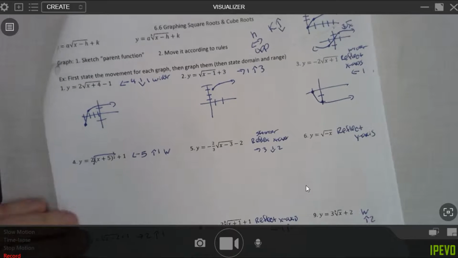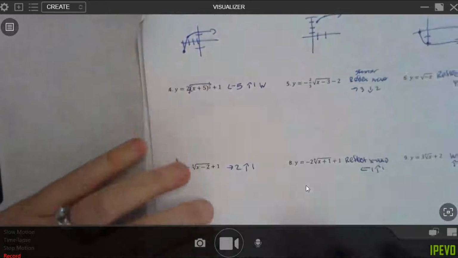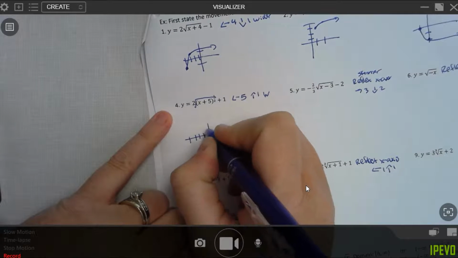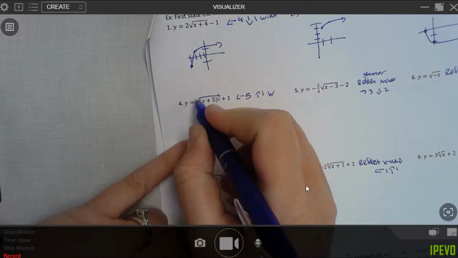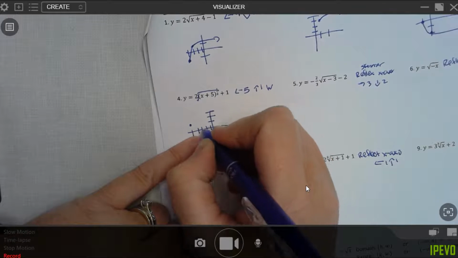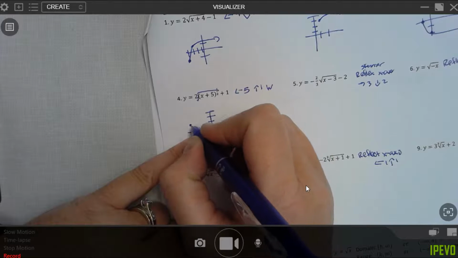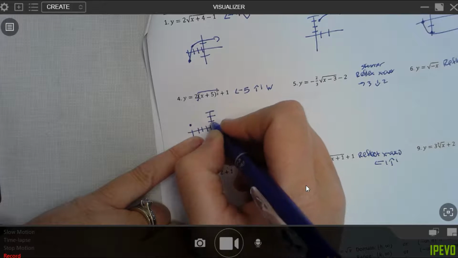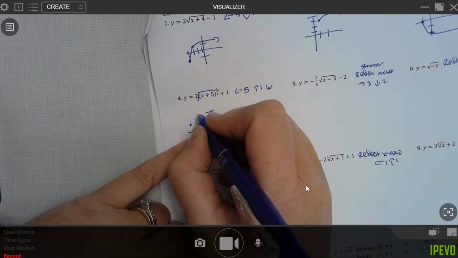So number 4, I'm going to go left 5, up 1. So 2 on the outside, so I'm going to multiply my answer by 2 for the next one. So if I was supposed to go up 1 over, I should go up 2 right there.